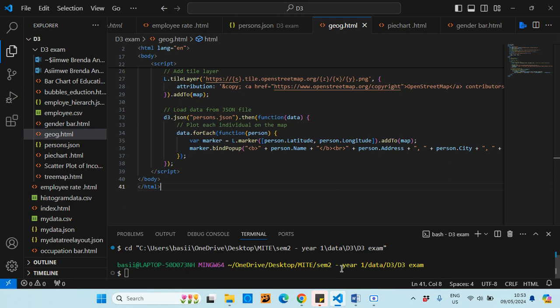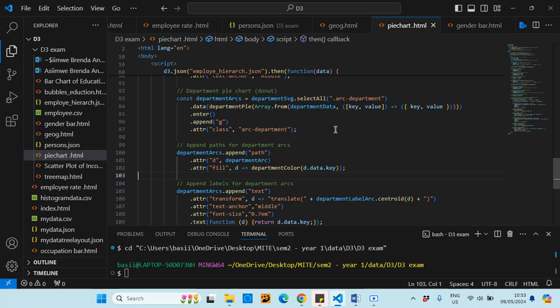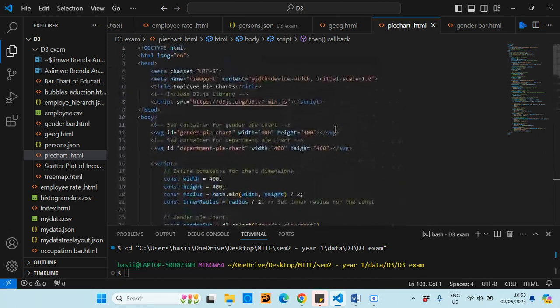Then next we shall go to the pie chart that we looked at. In the pie chart, we actually looked at two pie charts.